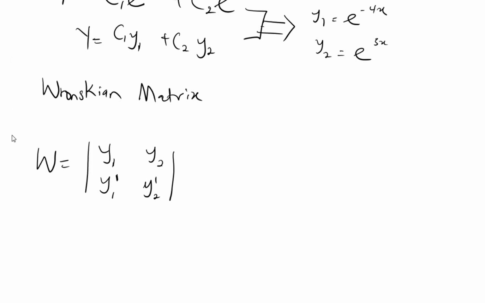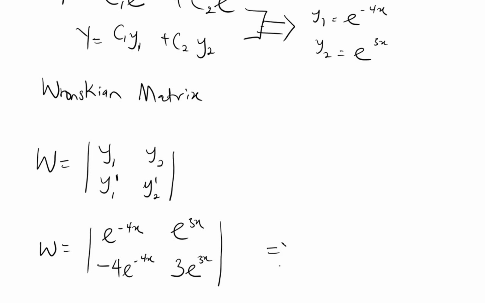So y1 is exponential of minus 4x. What's y1 prime? The differential of exponential of minus 4x is going to be minus 4 exponential of minus 4x. And y2 is exponential of 3x. Its differential, that's y2 prime, will give me 3 exponential 3x.